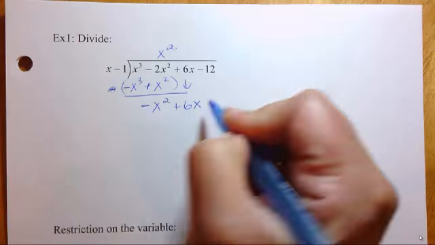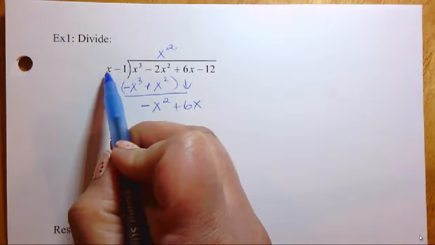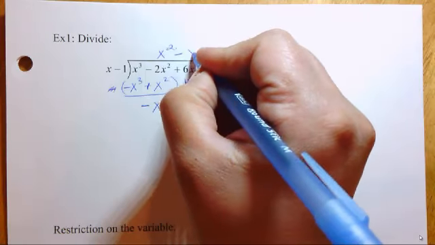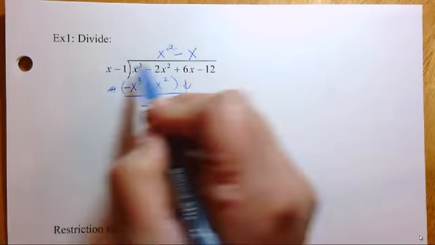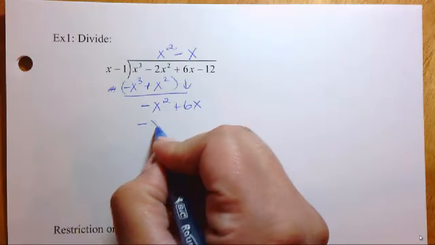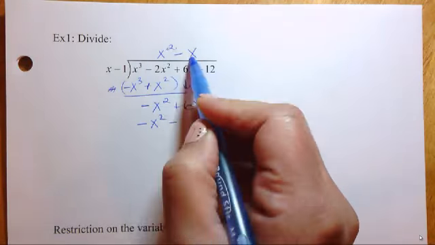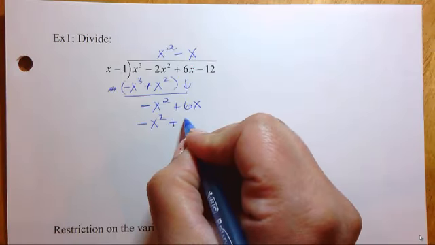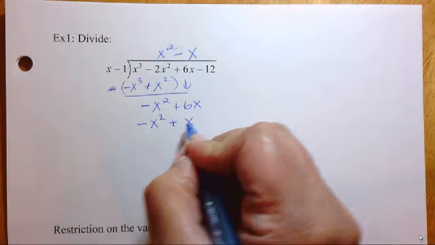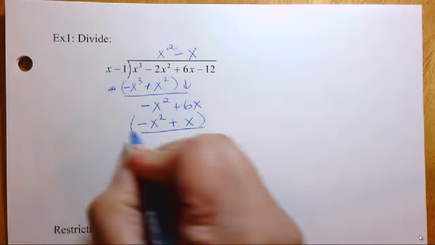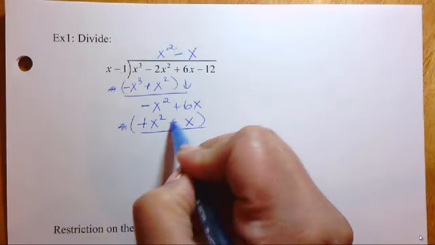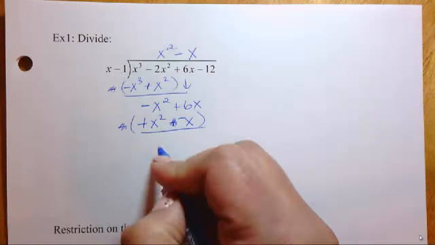Bring down the 6x, and then think, what times x is going to give us negative x squared? That's going to be negative x. Negative x times x is negative x squared, and then multiply it with the other term as well. That's plus x. We want to subtract that, so we could just get rid of the bracket, change the signs, and add down.